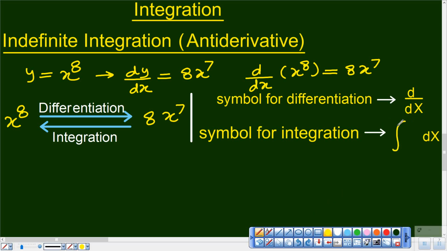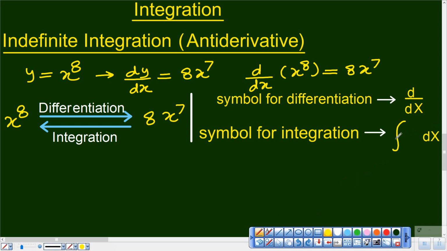This is basically an elongated s. If you elongate s, you get a symbol like this. So this is the elongated s, and dx is written over here.